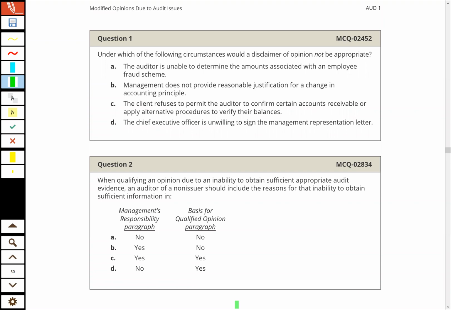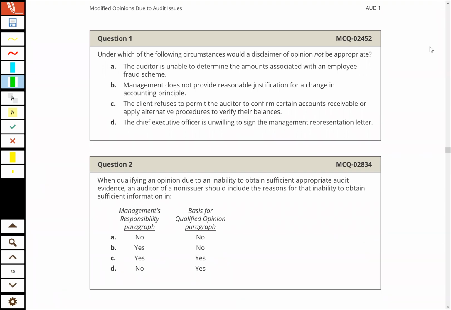The answer here is B. Most of us chose A and D, and B is kind of finishing third or second, however you want to look at that. But B is the correct answer.